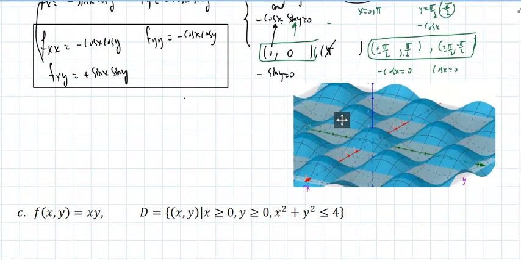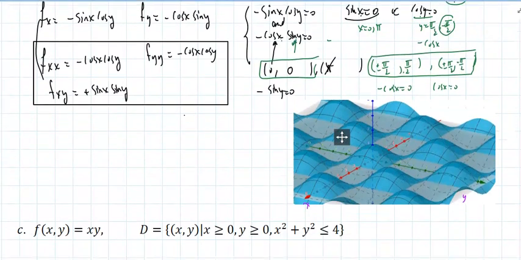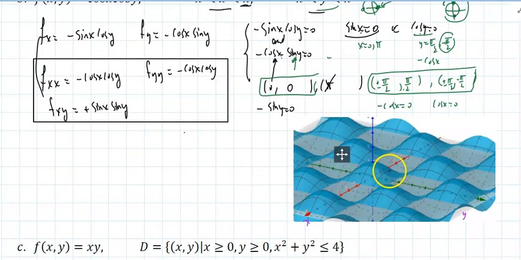Remember, I ran x between negative pi, negative 3.14, and 3.14 is right there, and negative 3.14 is right there. And y being between 3.14 and negative 3.14. We're talking about this region.